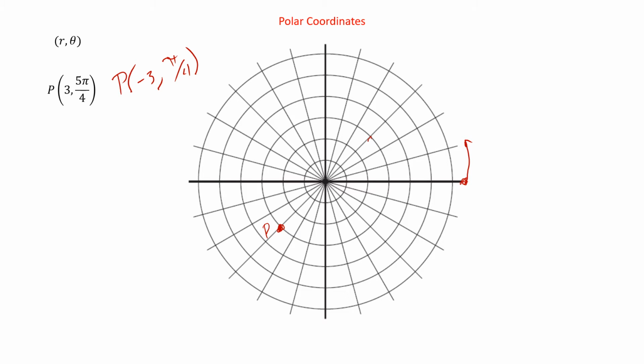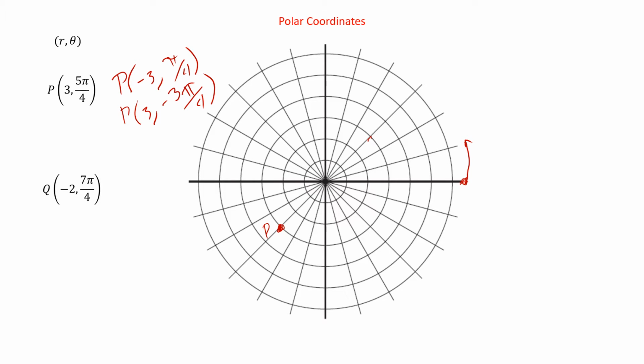That would get us to the same point. Another thing, we could go around the circle again, or we could go backwards, we could have 3 comma negative 3 pi over 4 would get us the same point. So these points aren't unique like they are on the coordinate system. However, dealing with circular things, it's a lot easier to do it this way.